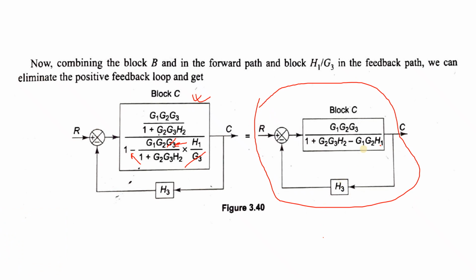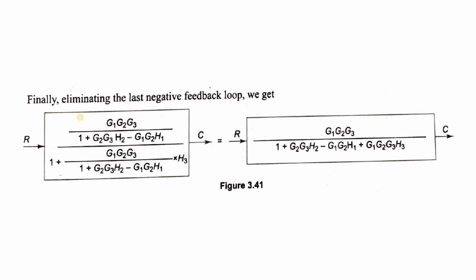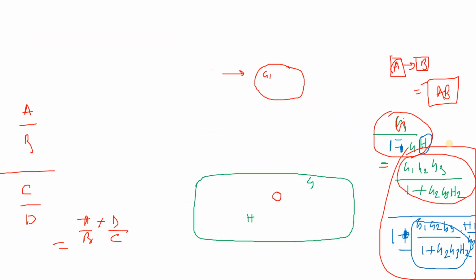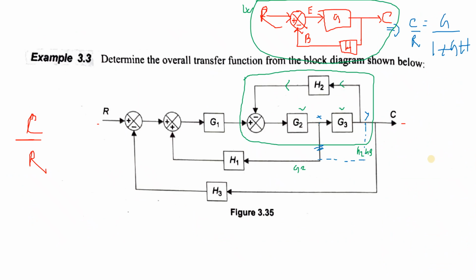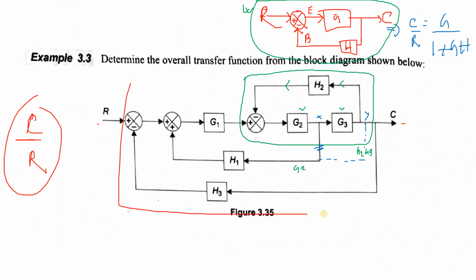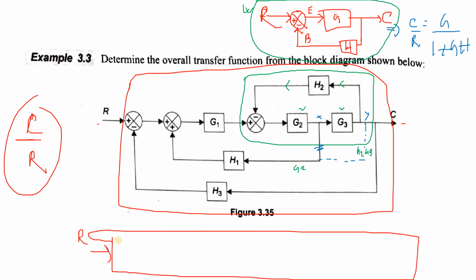Now this is the last closed loop transfer function left. Again this is G, and this is H, and this is negative, so it will be G by 1 minus GH. So we will apply the same thing, and we will reduce this transfer function to this. So you can see this entire system, the question was find C by R. We have reduced the entire system into a single block.